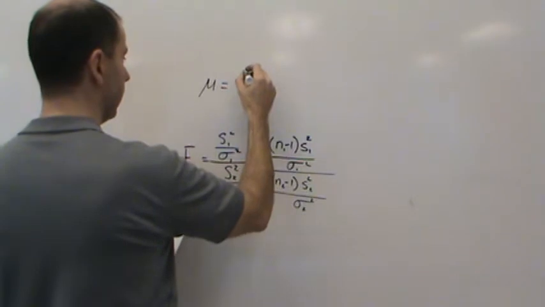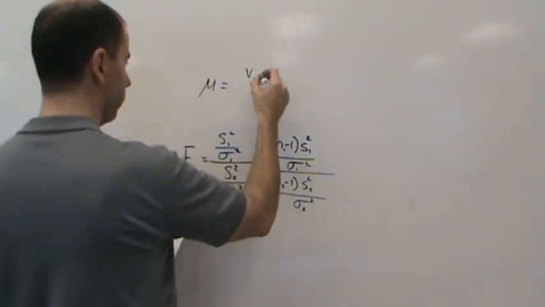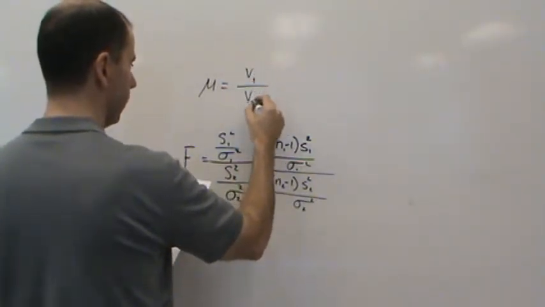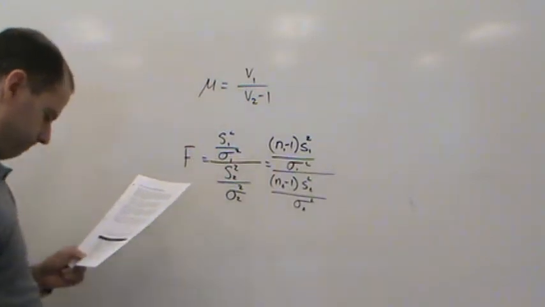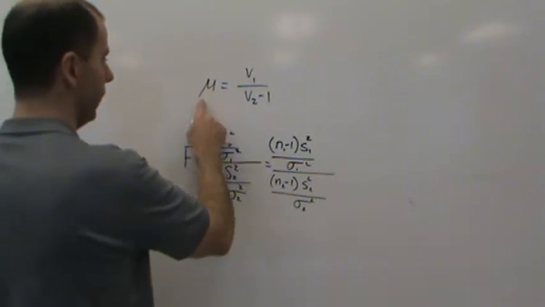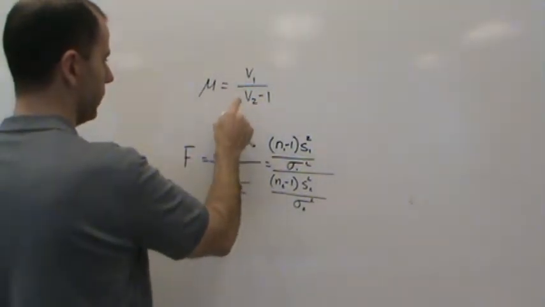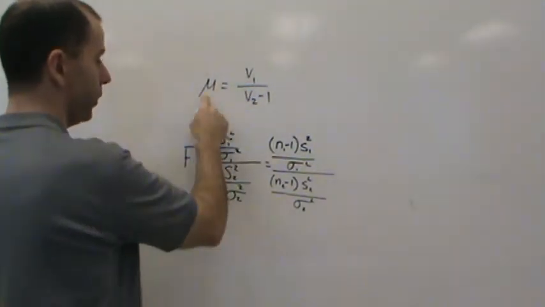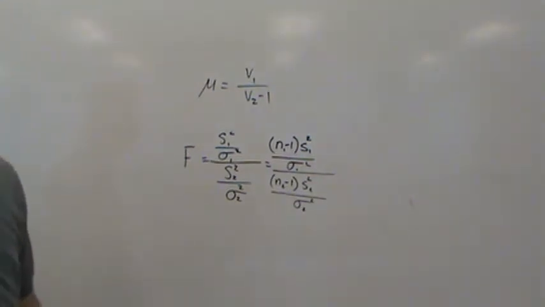As I wrote it, that does not look right to me, so I'm going to look that up just to make sure there's no error here. But mu, the average, is going to be around 1. So keep that in mind.